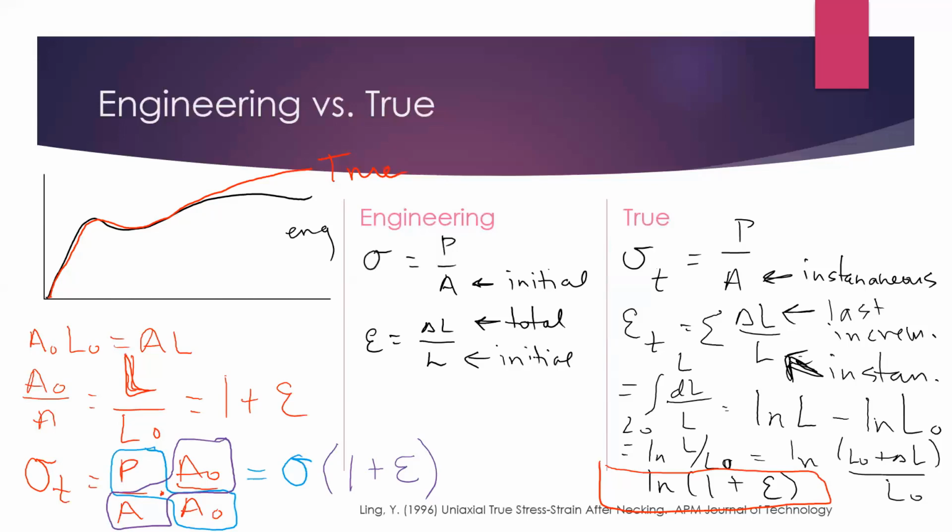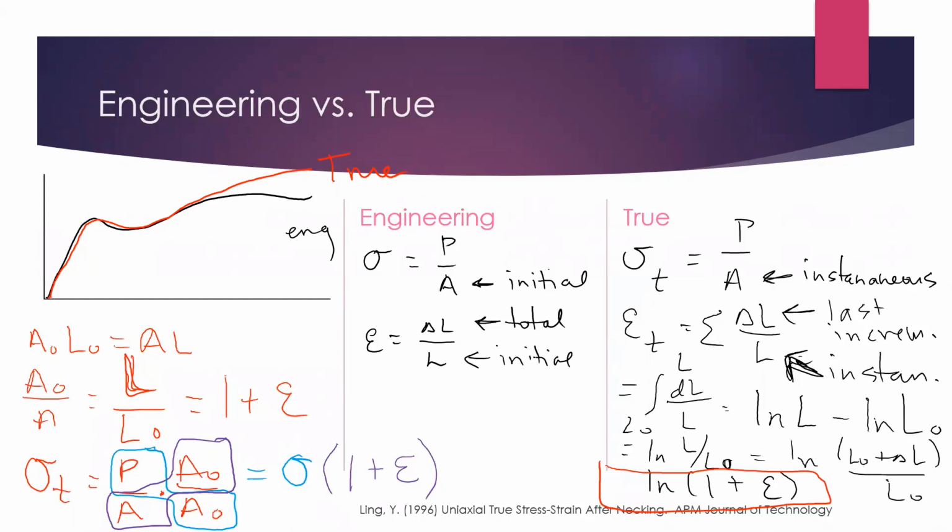So in terms of what you're doing at the undergraduate level, you probably won't really need the true stress and strain, but it's good that you know what it is because that's how the material actually behaves. And if you end up in a situation where you're going to, say, be modeling a material using finite element analysis, and you're inputting the material properties, or rather the constitutive relationship, you need to use the true, because the finite element model, which is analyzing the material, is concerned with what's actually happening in the material, right?